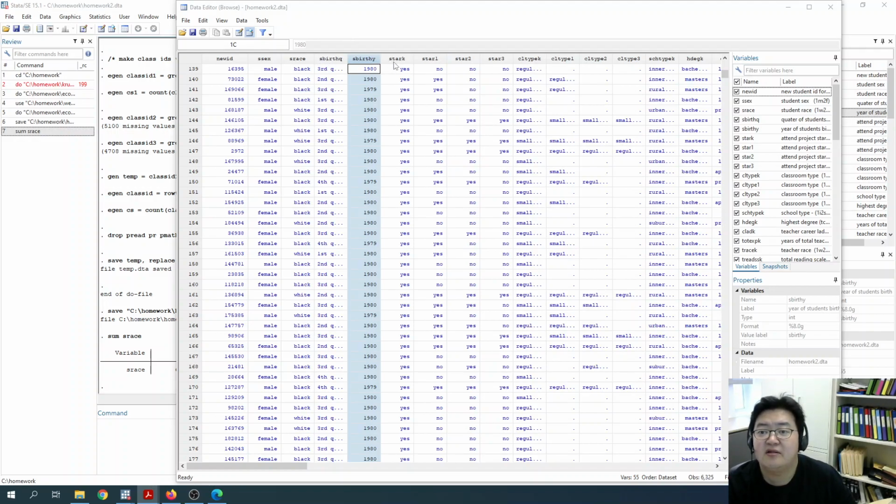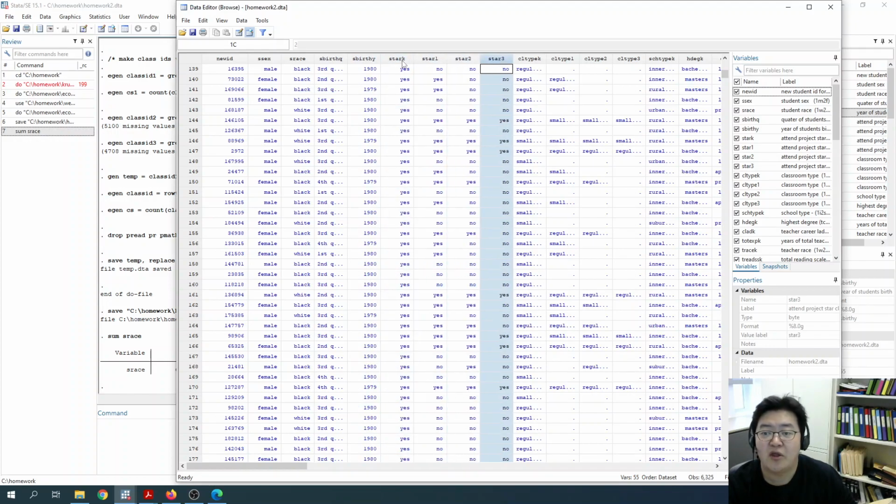And here, star K, star 1, star 2, star 3 are whether they participated in the project at each grade. At the kindergarten level, if a student participated in the project, then yes, otherwise no. But some students fall out of the STAR project for some reason, maybe moved out of the district, or maybe they do not respond to the survey.